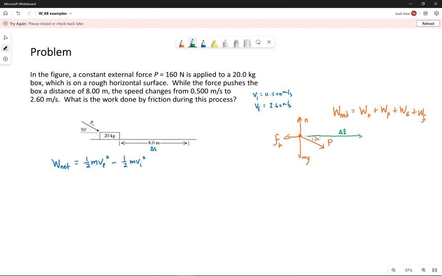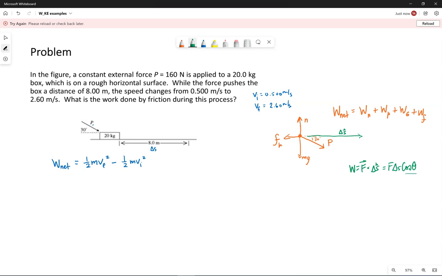So all of these forces are constant. When the forces are constant, we can say the work is the force dotted with the displacement, delta S, or F delta S cosine theta. So dot product, it's only accounting for the force that's parallel to the motion.